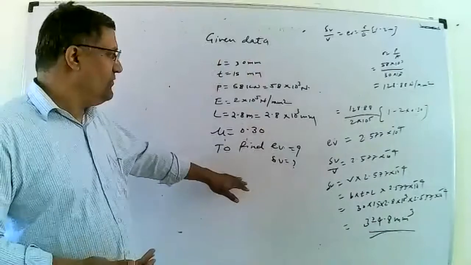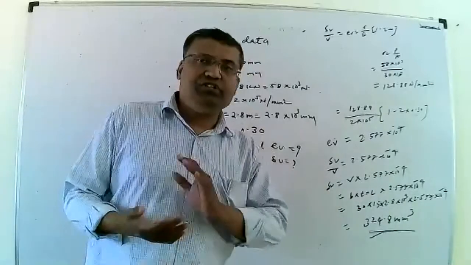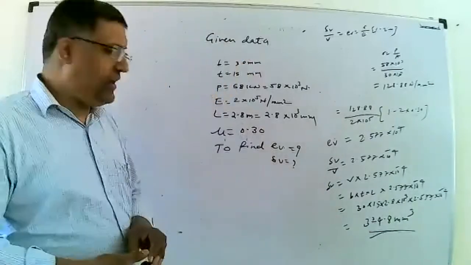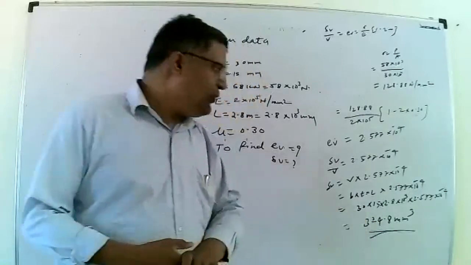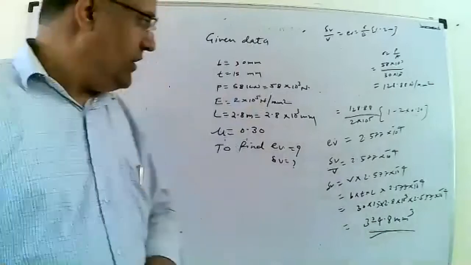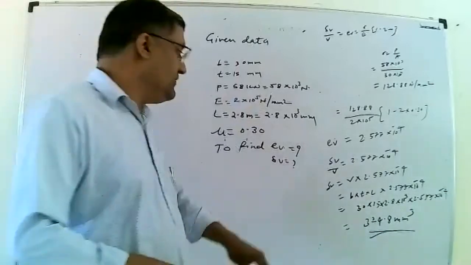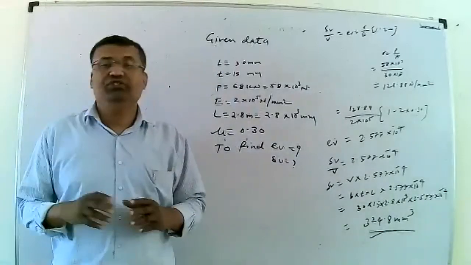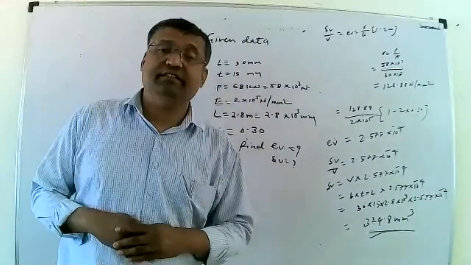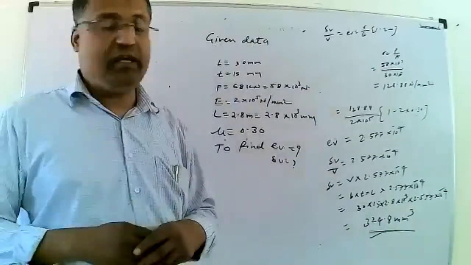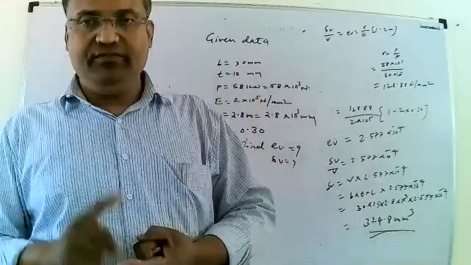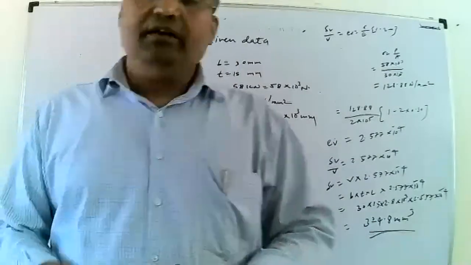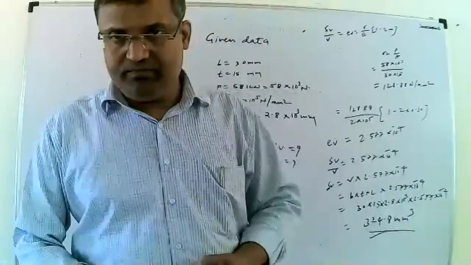Then finally we calculate change in volume, that is delta V. The final value you will get is 324.8 mm cube. That is the final value for the change in volume. Okay, this is a very simple way to calculate EV, volumetric strain, and the change in volume.